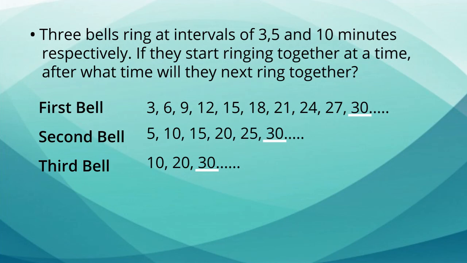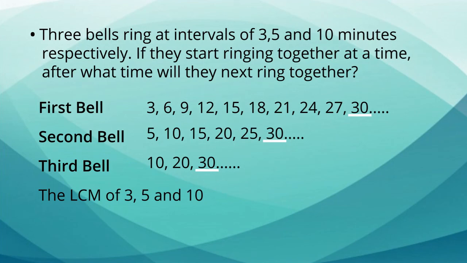So in this case you can easily see that the number obtained is more than 3, 5, and 10. So we can eventually say that if we require a common number more than the given numbers, then we have to find the LCM in that case. That means the LCM of 3, 5, and 10 is the answer.